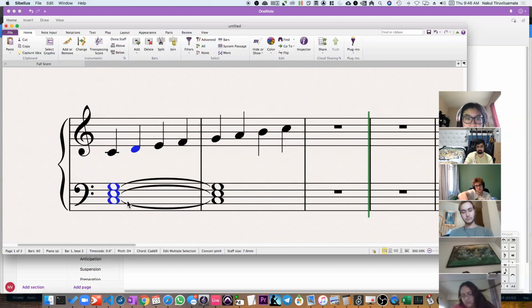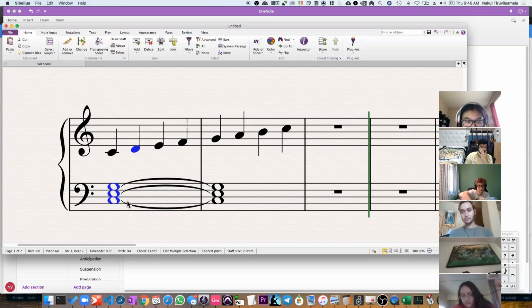Now I got to make one distinction. In the classical world, ninth chords and 13th chords and 11th chords aren't very common for whatever reason.